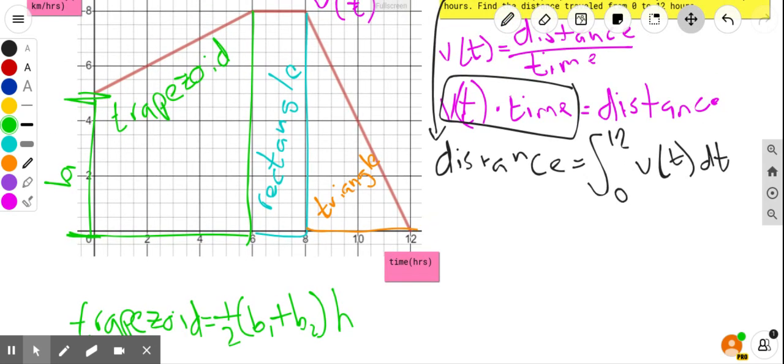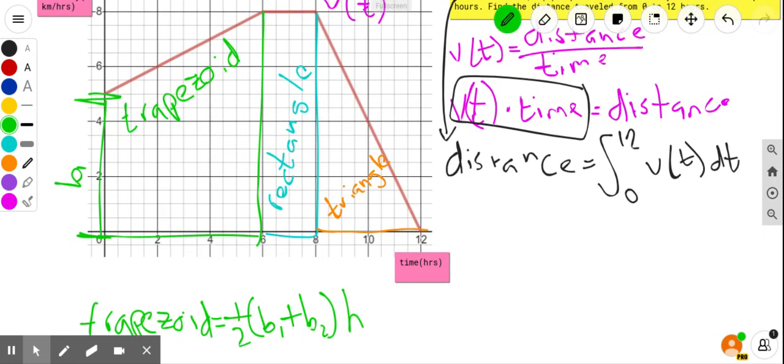And from here all the way up here will be base 2. And my height will be from here to here. So I'm just going to take those numbers and plug them in. So this is from 0 all the way to 5. This is from 0 all the way to 8. And the height is from 0 all the way to 6.